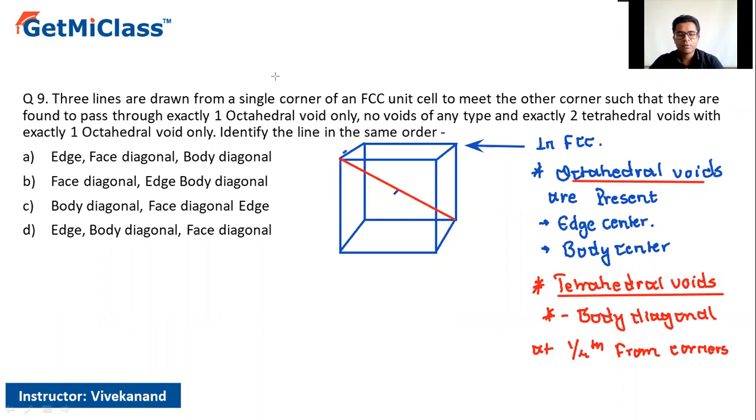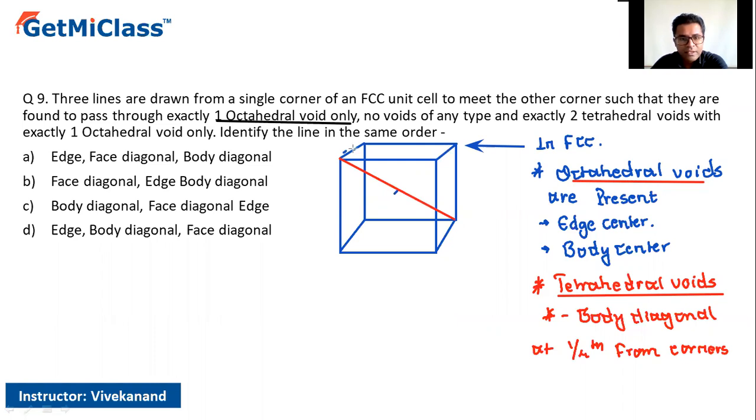Now let's consider the line segments. When we are speaking about the lines, let's consider the first line, and that is the line which passes through only one octahedral void only. That means it is a line which is passing from one corner to the next corner.